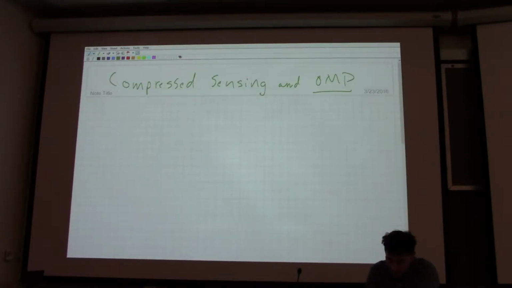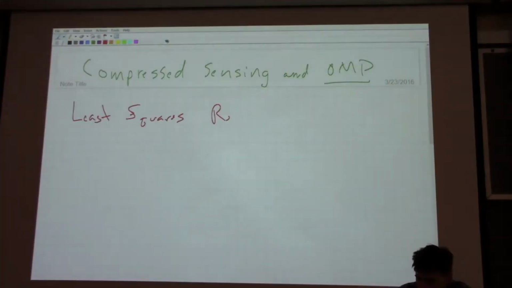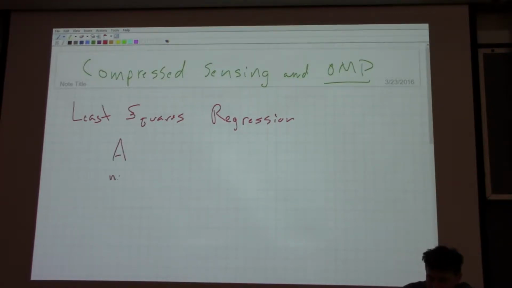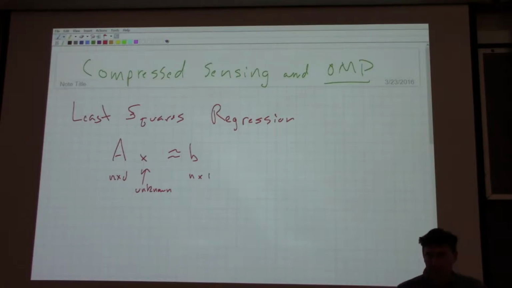if you're doing least squares, so if you remember the least squares regression problem, the idea was that there's some matrix A, which is n by d, and then there's going to be some unknowns x, and you want these to approximately equal a matrix B, which is n by 1.